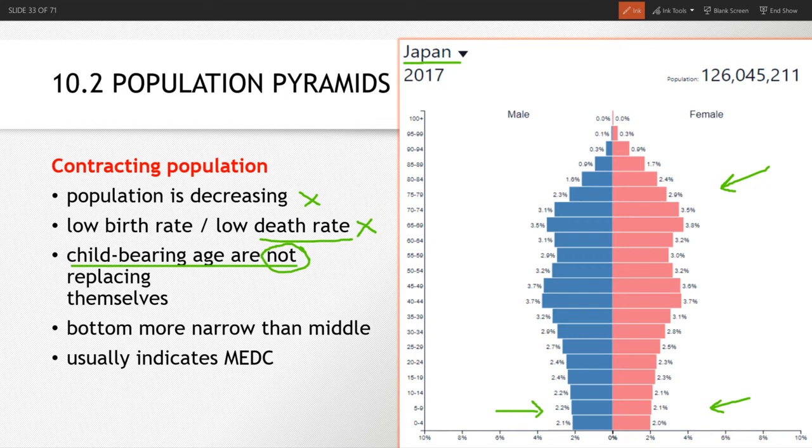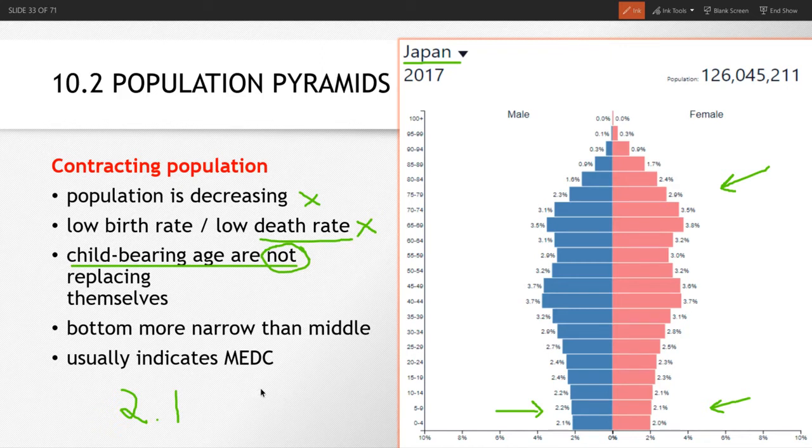In order for a population to replace itself, it needs to have a total fertility rate of 2.1. And that just means that each female in the population in her lifetime has about 2 children to replace the current adult population. But in a contracting pyramid scenario, the total fertility rate is less than 2.1.